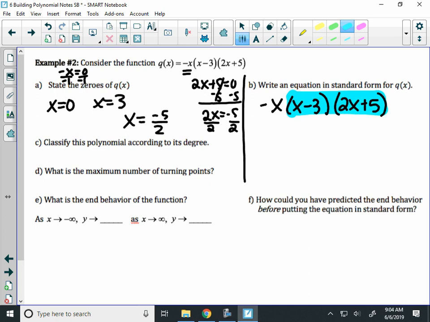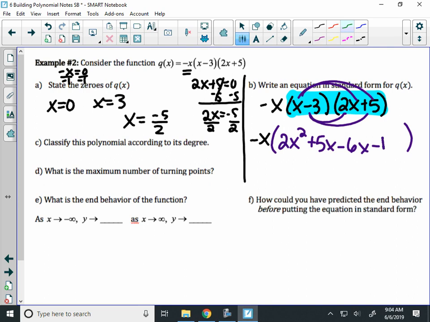I'm going to multiply the two factors on the right. I'm going to ignore the -x right now. I'm just going to leave it in front. I'm not going to do anything with it. And I'm going to multiply everything on the inside of my parentheses. So I have 2x squared plus 5x minus 6x minus 15.